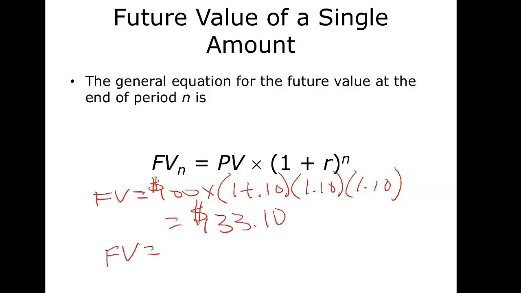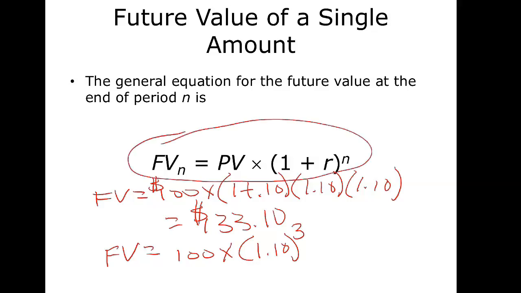So that is equivalent to a future value of $100 multiplied by 1 plus the interest rate raised to the power of 3, which is our equation for the future value.